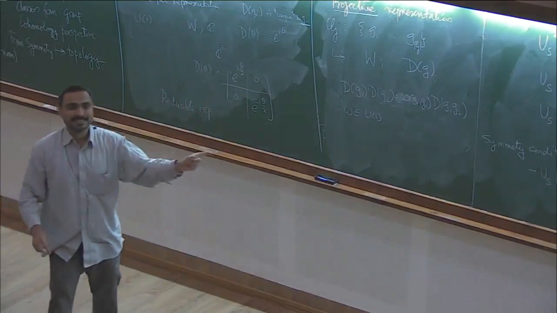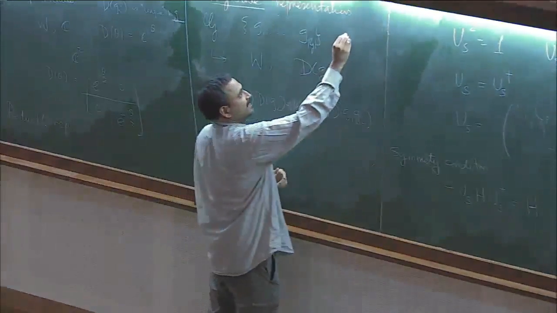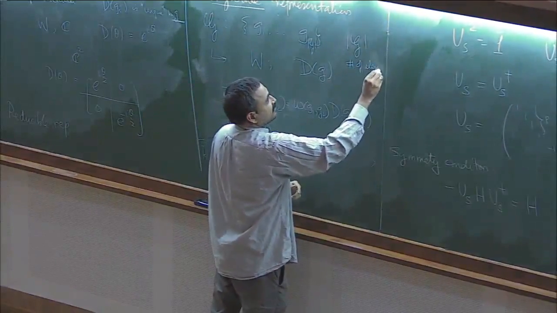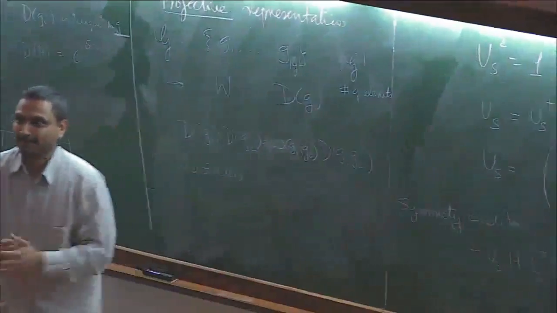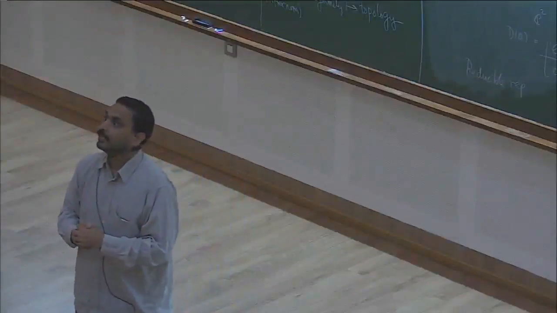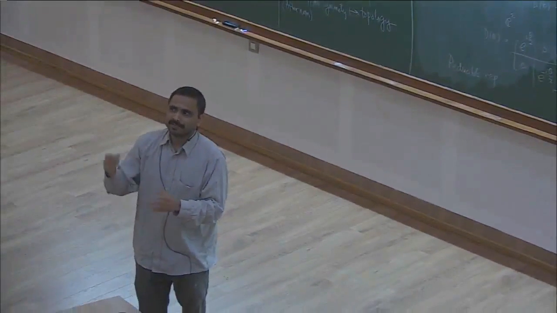How many such phases are there if the number of elements in my group G is mod G? This is a very standard notation, number of elements. How many such complex numbers are there?